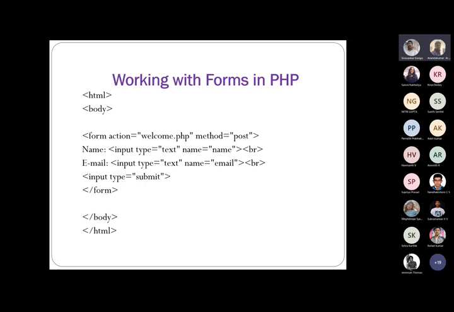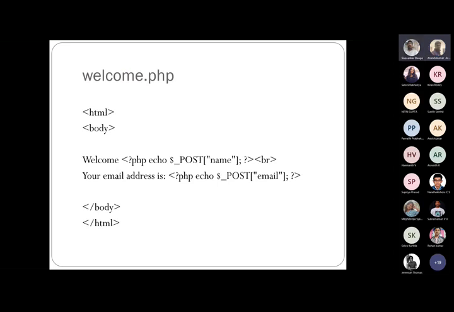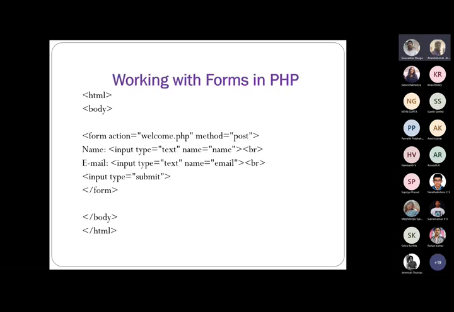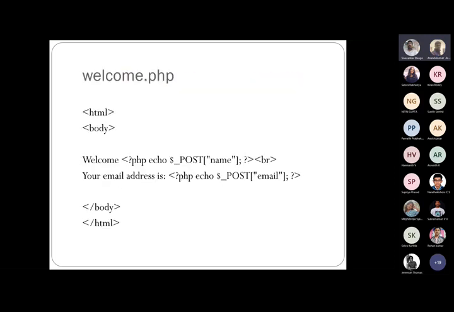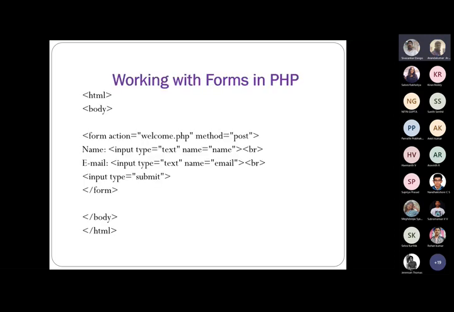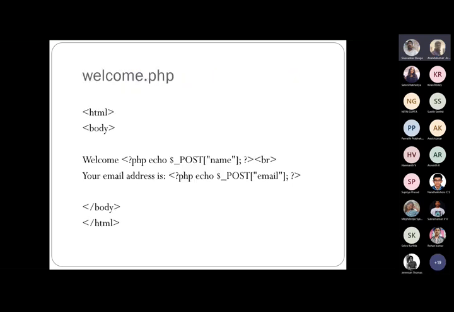This is the corresponding PHP file, welcome.php, that is going to get the information from the text boxes name and email, and print it. It gets the name and the email of the end user, and displays welcome, the username, and your email address.